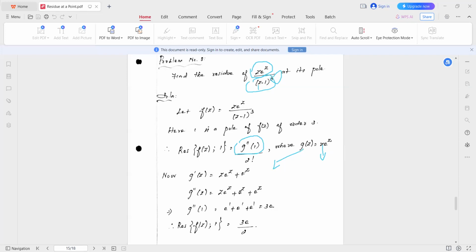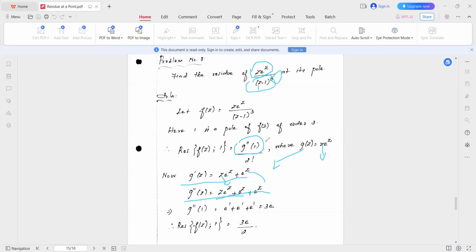So we get z into e power z plus e power z. This is the first differentiation. Differentiating again, z into e power z becomes z into e power z plus e power z, plus e power z. Therefore g double dash of z is this.